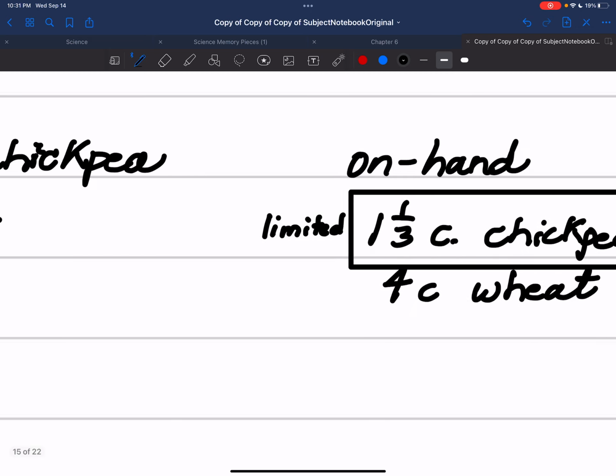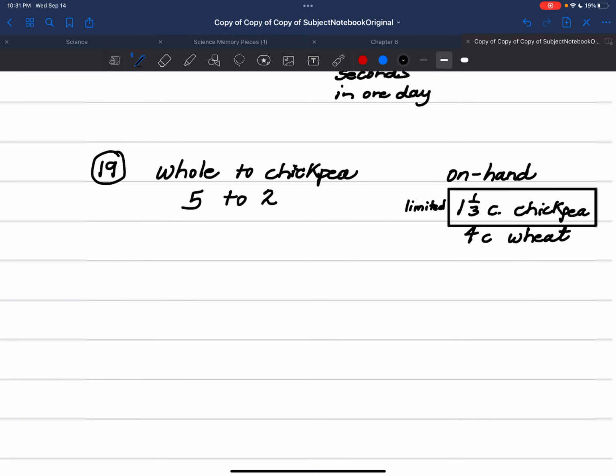So let's set up a proportion using that number because that's where I'm limited. I'm going to set it up as the recipe of whole wheat over chickpea.